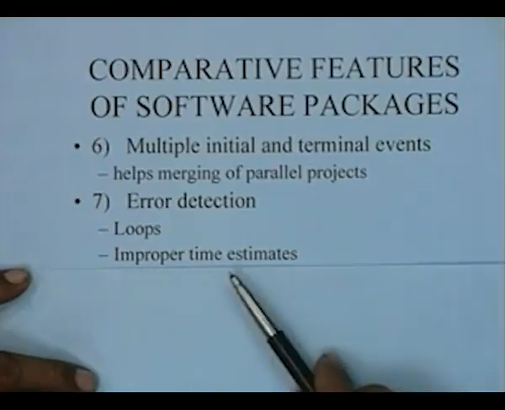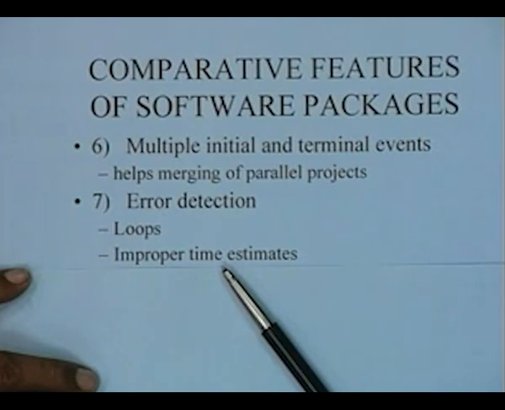There might be improper time estimates. Can your computer package detect and point out that you have not selected the appropriate time estimates for various activities? How do you think this could be done?